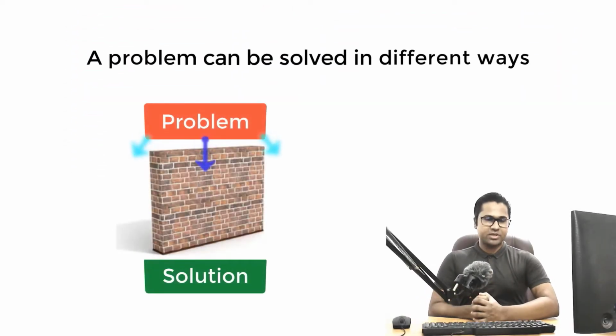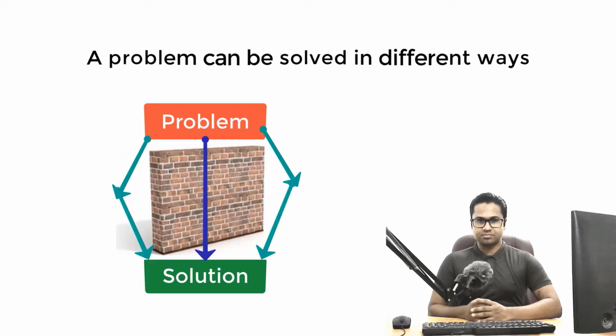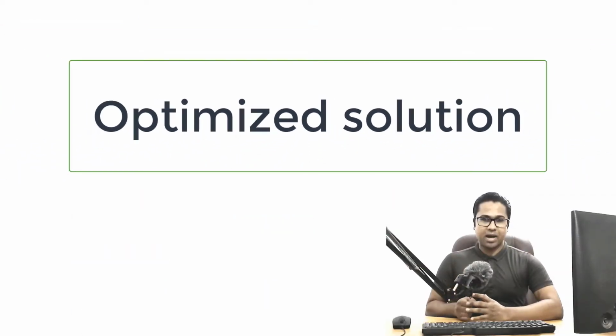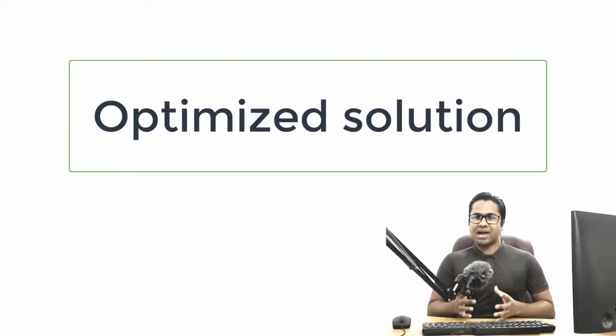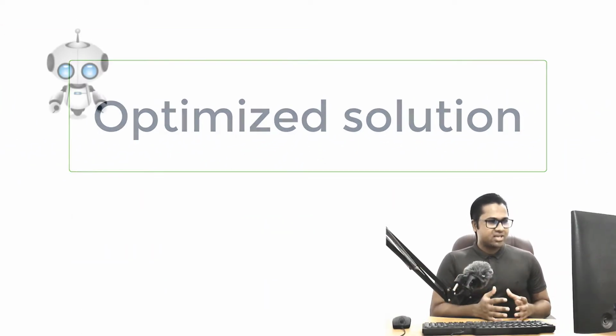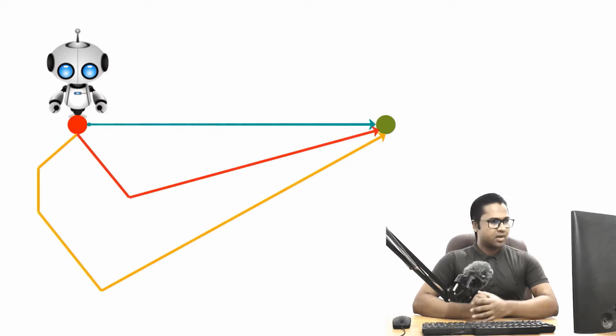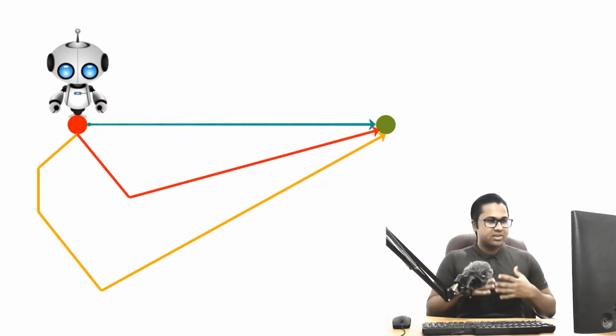A problem can be solved in different ways. However, we do not want all of the solutions. We want the optimized solution. For example, an AI agent wants to go from here to here. There are multiple paths to do it. Any of these paths will lead to the desired destination.